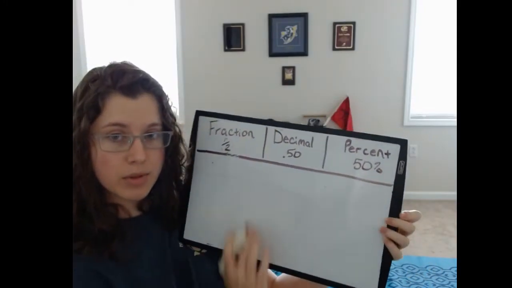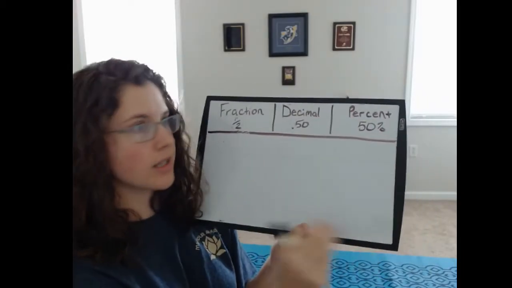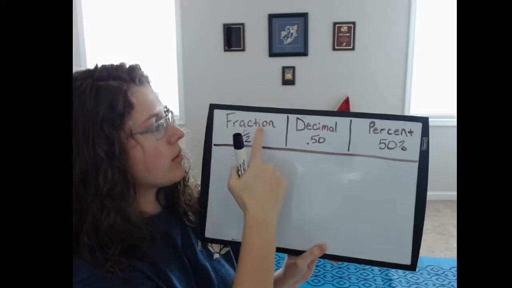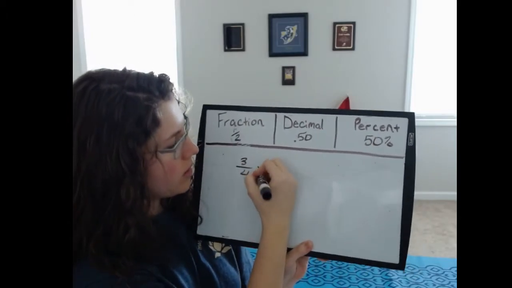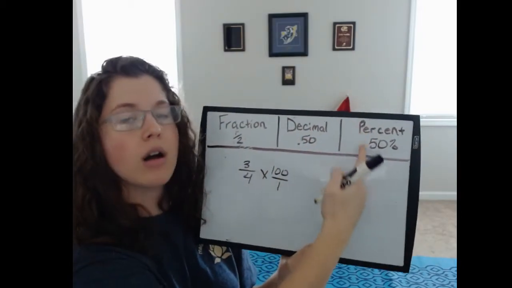And if you want to skip the middleman, if you've got a fraction, I'll do 3/4 again because we're just on a roll with it. Skip the middleman from fraction to percent. You multiply by 100. Percents are always out of 100.